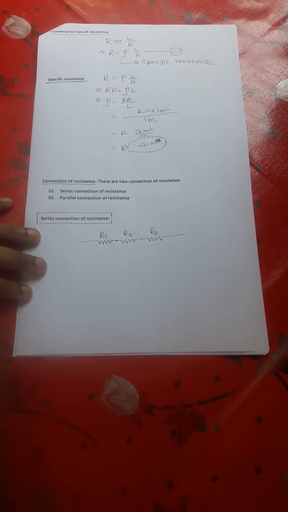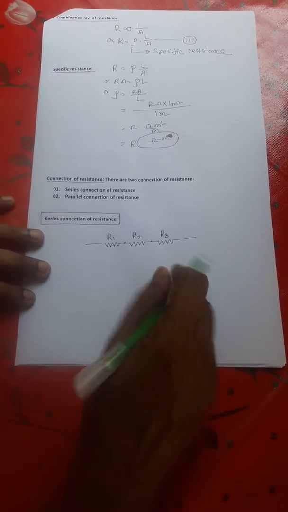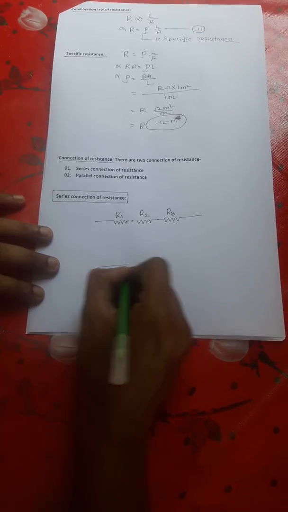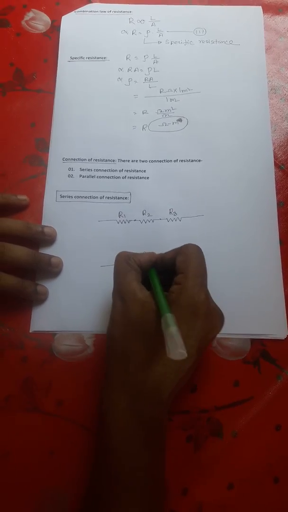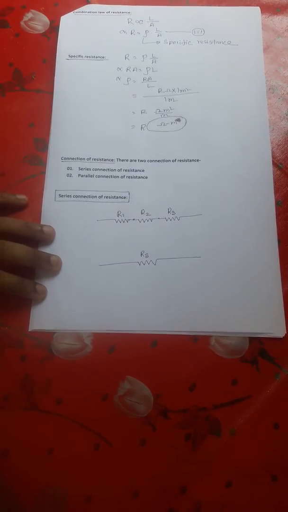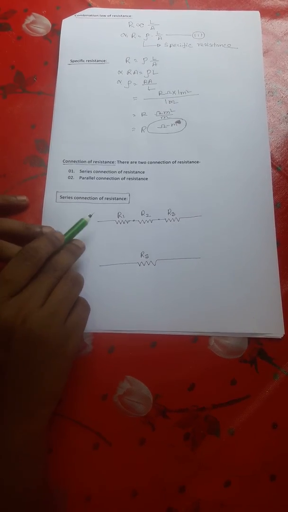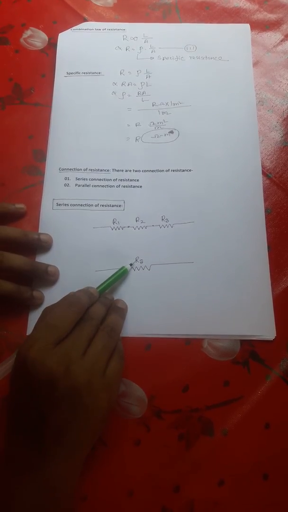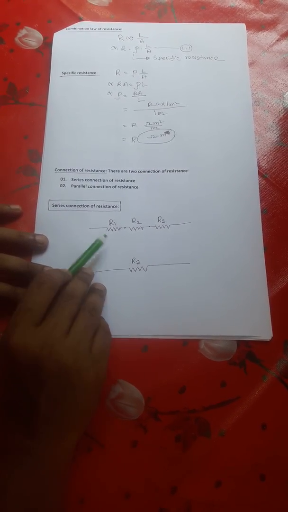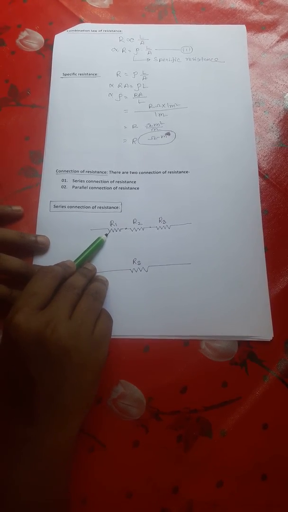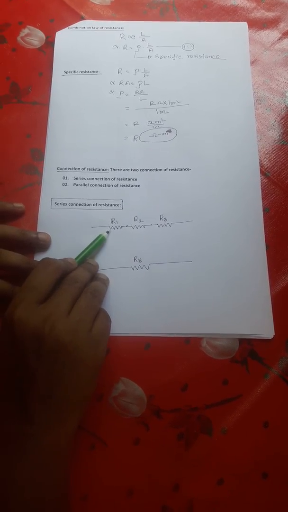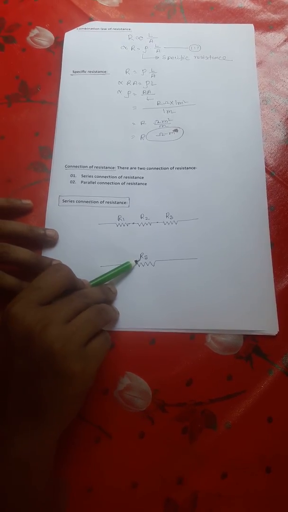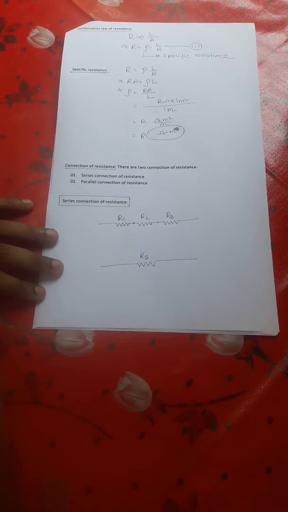If I replace these three resistance by a single resistance, that is called RS, so that total electromotive force and power of the circuit remain same, then this RS is called equivalent resistance of these three resistance R1, R2 and R3.